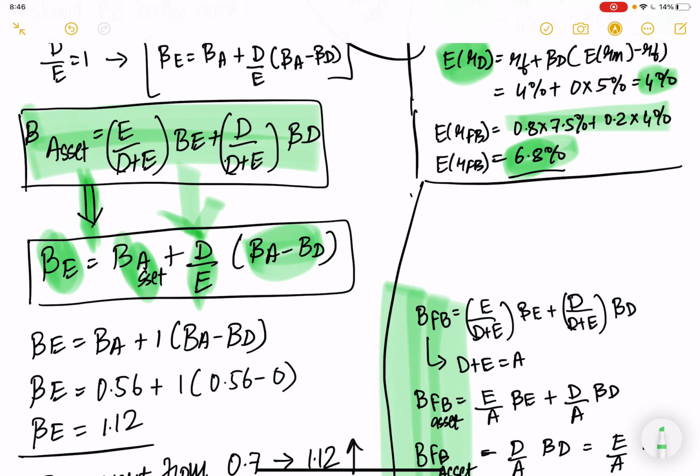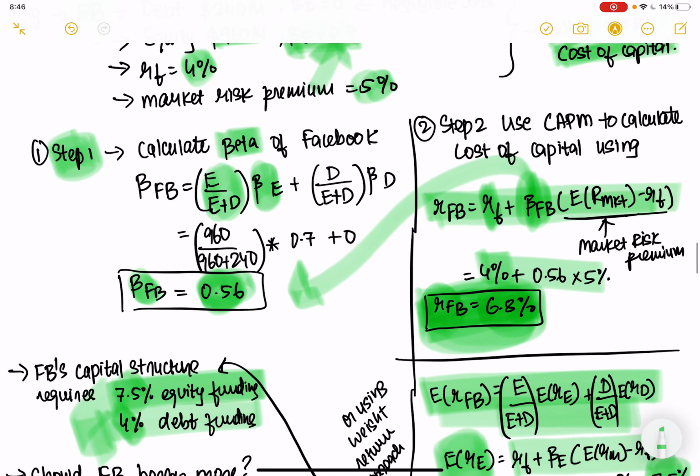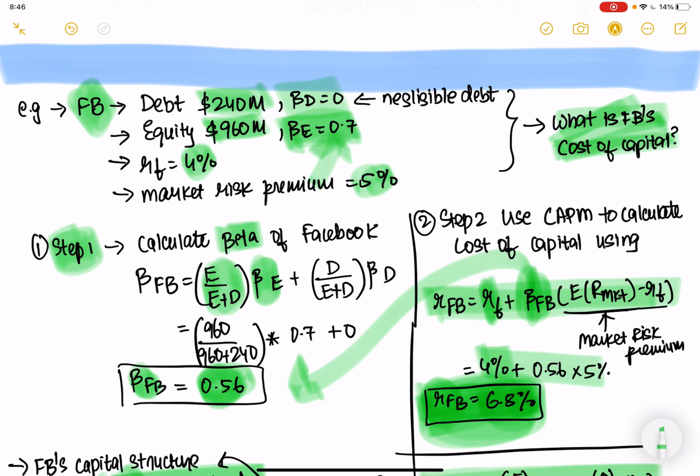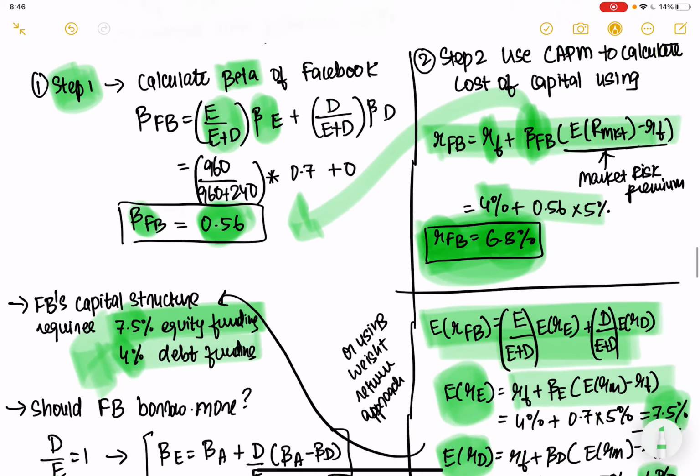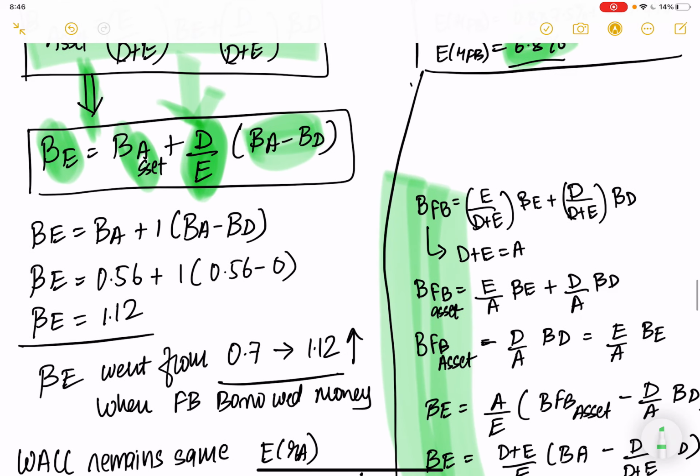So now if Facebook were to raise its debt to equity and make it equal, right? Currently it has debt of 240 and equity of 960. But if we were to borrow more, such that the debt to equity ratio becomes 1, then we can quickly see that beta of equity actually shoots up.